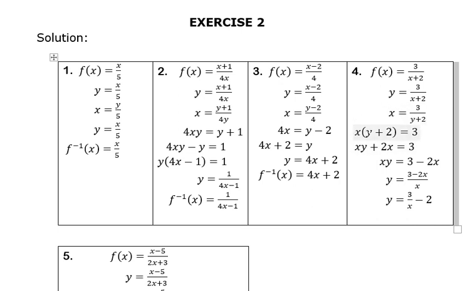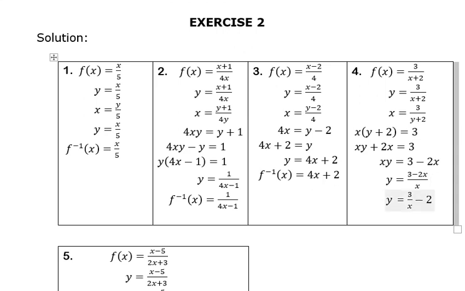Distributing x here, that becomes xy plus 2x equals 3. And we have to isolate y. So we have xy equals 3 minus 2x, and divide both sides by x. That becomes y equals 3 minus 2x all over x.